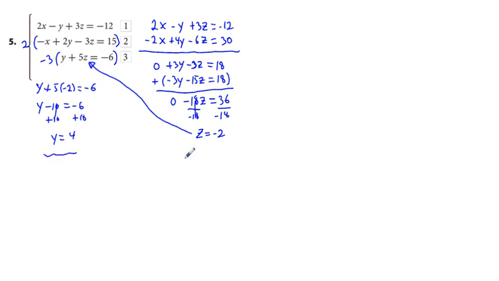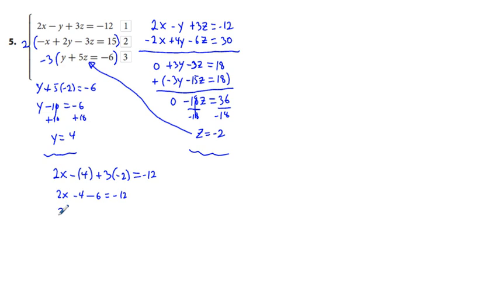So now we have y and z. The only thing we don't have yet is x. So I'm going to take this first equation here. We're going to have 2x minus y, and y is 4, plus 3 times negative 2 for z is equal to negative 12. And so we have 2x minus 4 minus 6 equals negative 12.